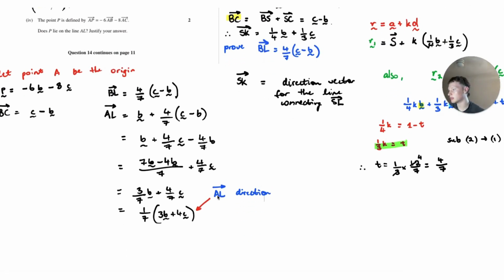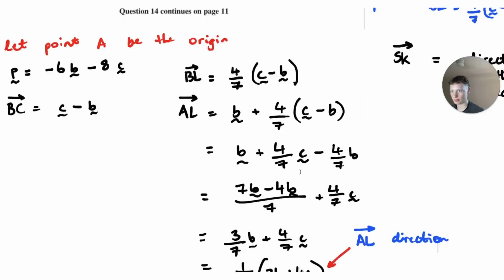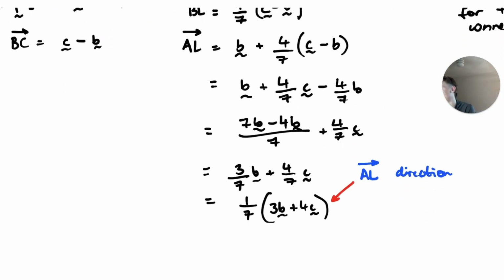We need to figure out, all right, does it conform to the vector equation of a line that could be constructed based on this line A to L? And remember, the vector equation of a line is in this form, meaning that this is a line that has any kind of direction A to B and starts at A. So we can look at, okay, point A is just 0, 0 again here.